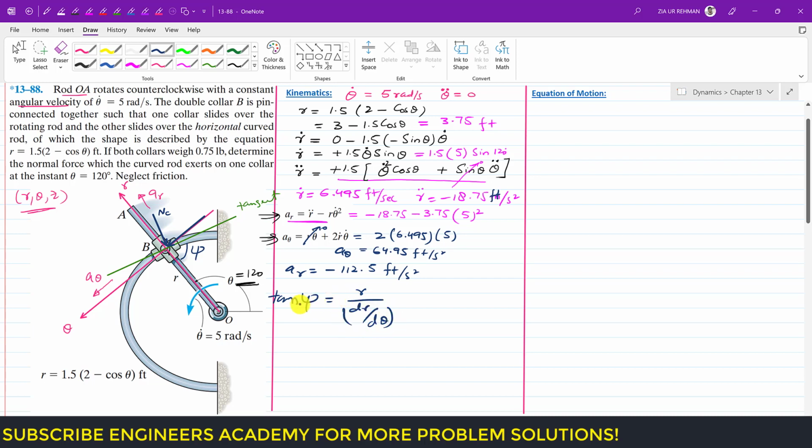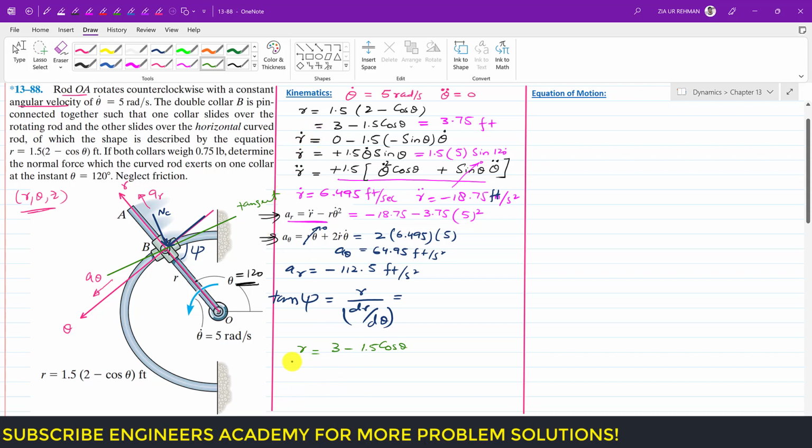Now if we want to find psi, we can find the r value at theta equals 120 degrees, and we have to find dr by d theta. We are given that r is equal to 3 minus 1.5 cos of theta. This r dot is the derivative of r with respect to t.